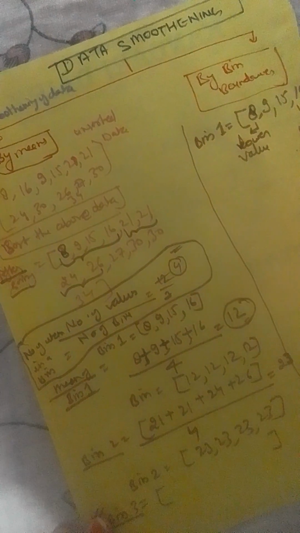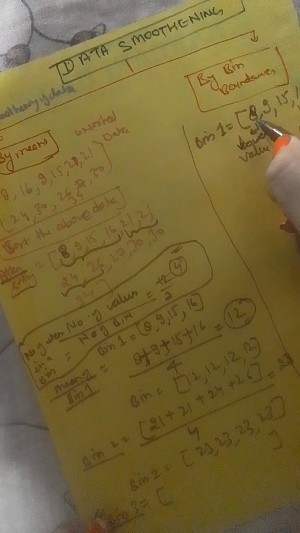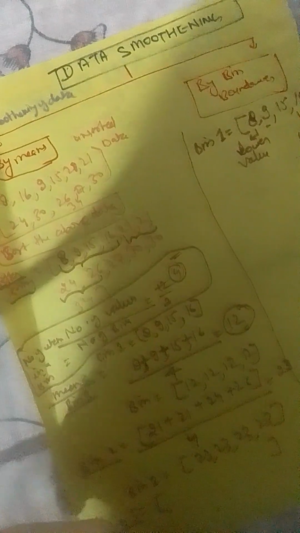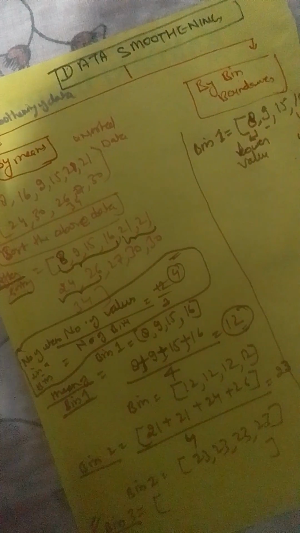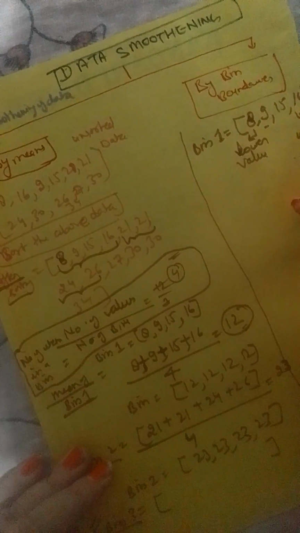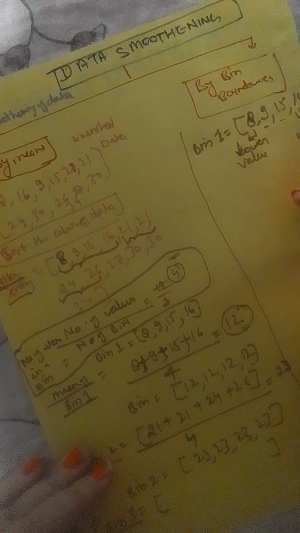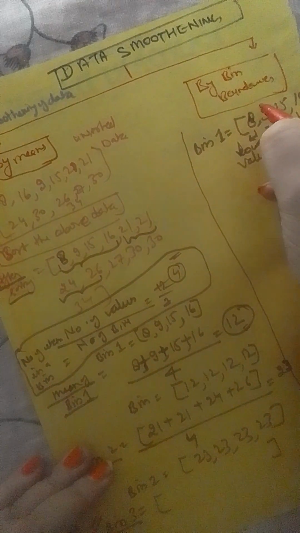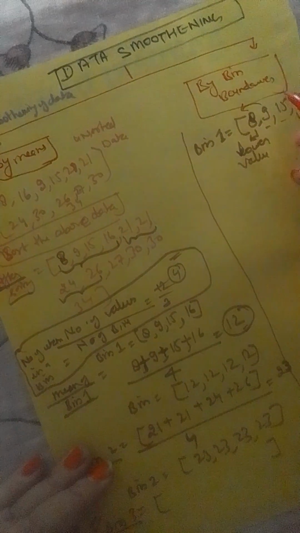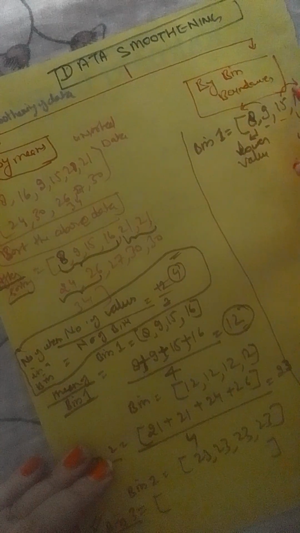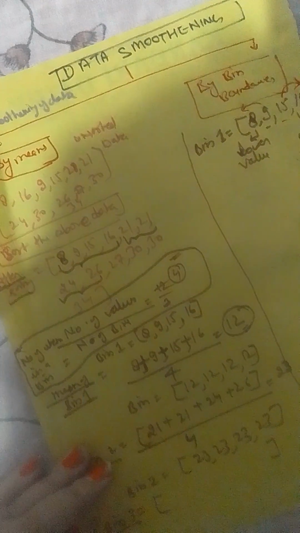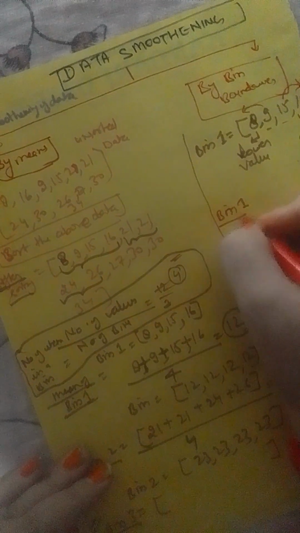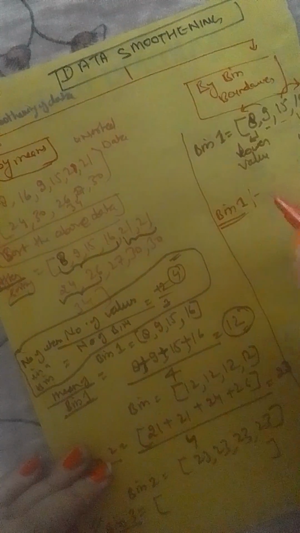We don't change these values, but the value next to the lower value, that is 9, and the value near the upper value, that is 15, these two values get changed. The first changes according to its lower value, and the other according to its upper value. So bin 1 would change like this, according to bin boundaries.